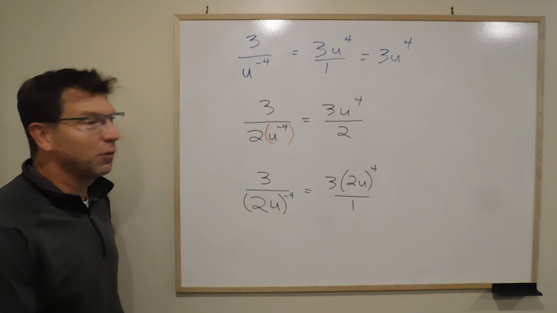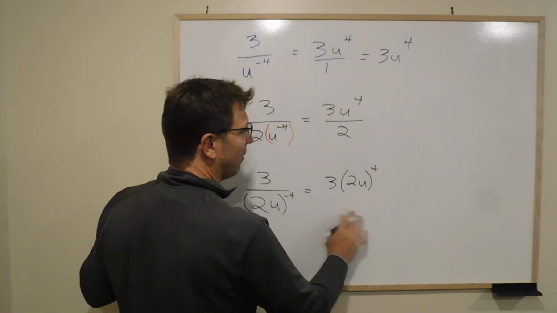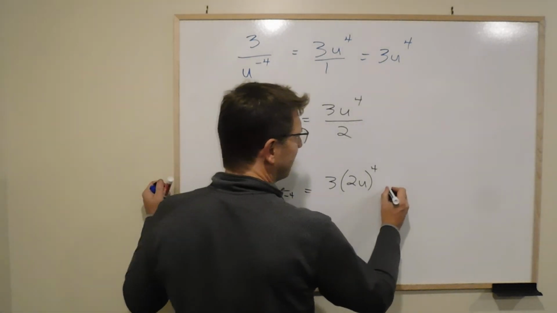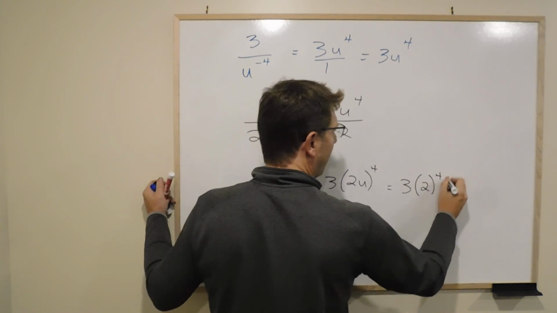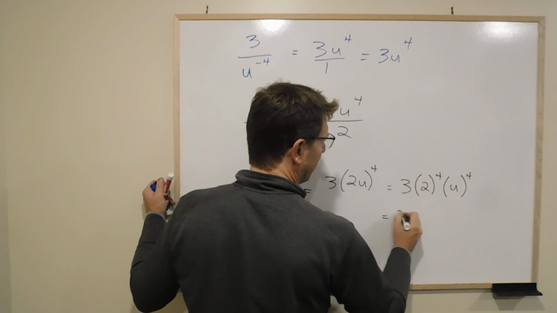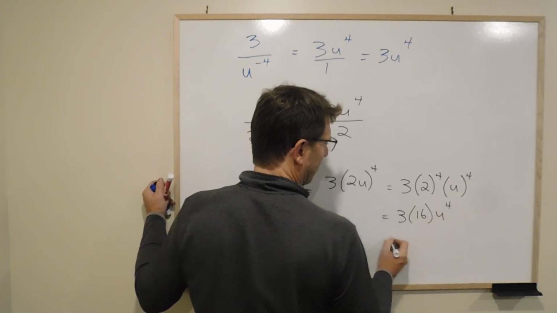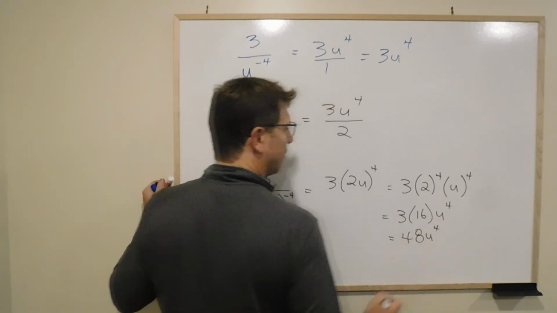Okay. But we don't really need the 1, so we don't actually need to show this at all. But then that would not be done. This would be 3, 2 to the 4th, u to the 4th, which would equal 3 times 16 times u to the 4th, which would equal 48 u to the 4th.